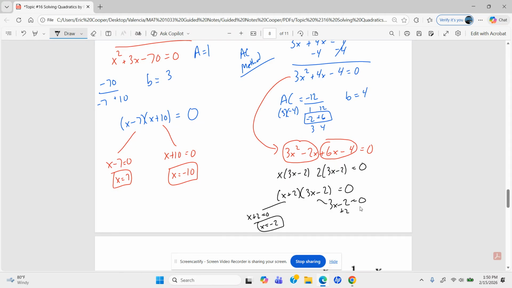I'm going to add the 2 to the other side and divide by 3. So I get my solutions to be negative 2 and 2/3. Make sure when you go to put that into MyMathLab or for your answers for your homework, you give me both of those as the solutions. It does not matter which order you put them in, but I do need both solutions in this case.